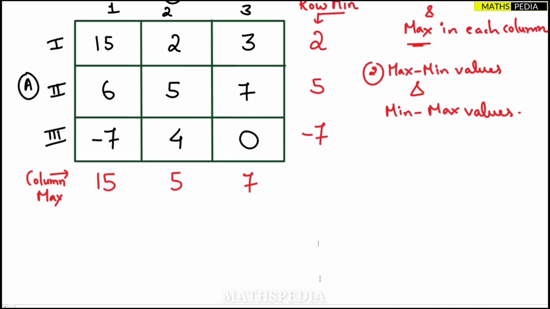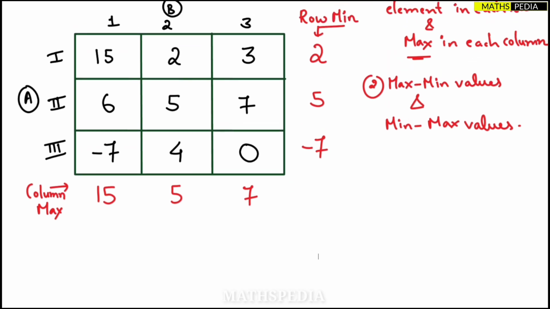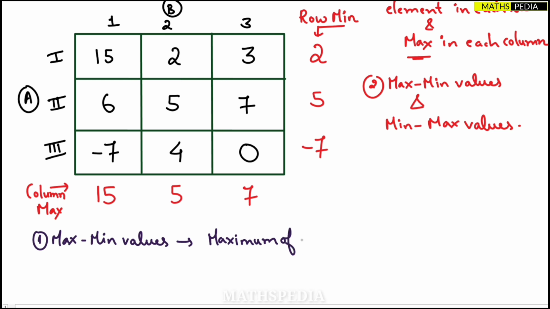Max min values means we have to find the maximum of minimum values. So I'll write it over here. We have to find max min values, that basically means maximum of minimum values.